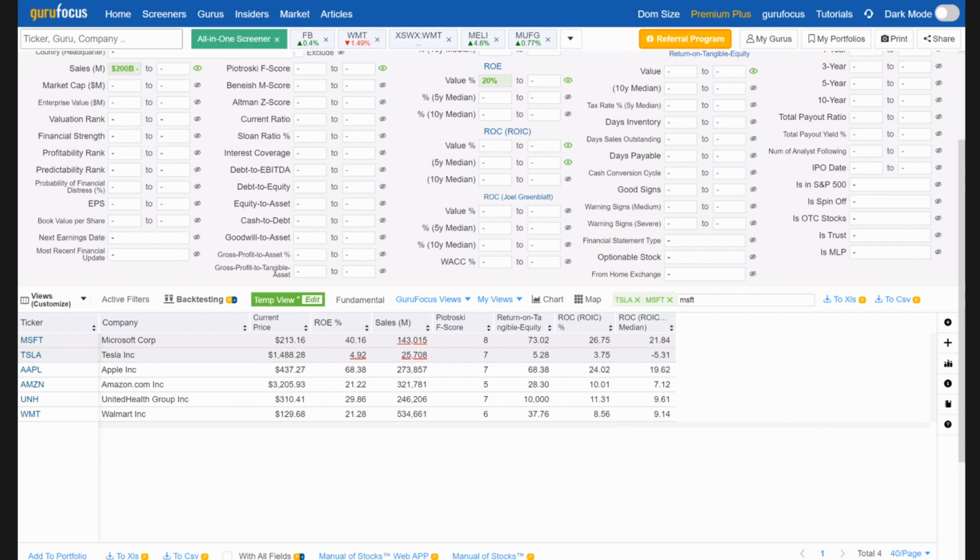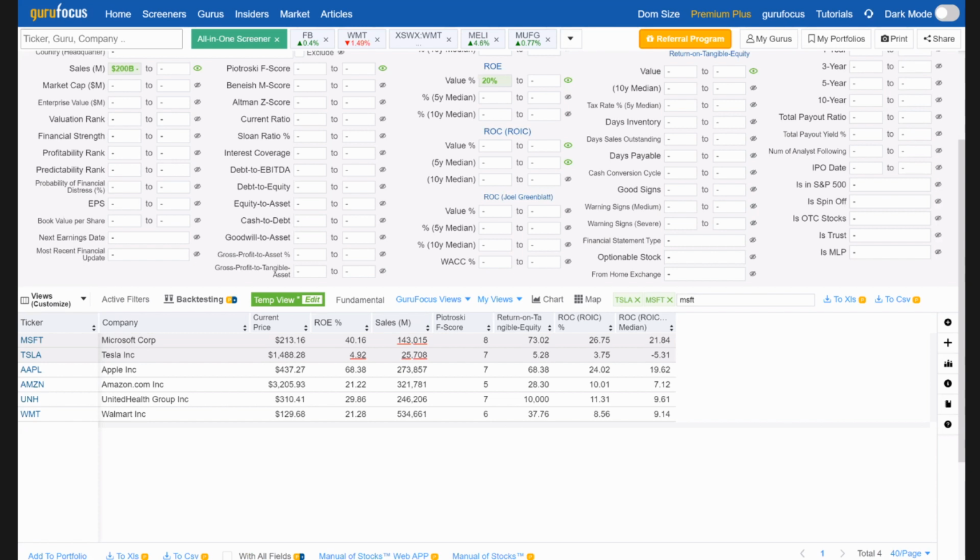Someone is asking, do we have an API to pull data from the user-created screener? No, we don't have this API. Is it set up so that some screeners cannot be backtested from the all-in-one screener? Yeah, a Greenblatt screener is probably very hard to backtest here because of ranking.